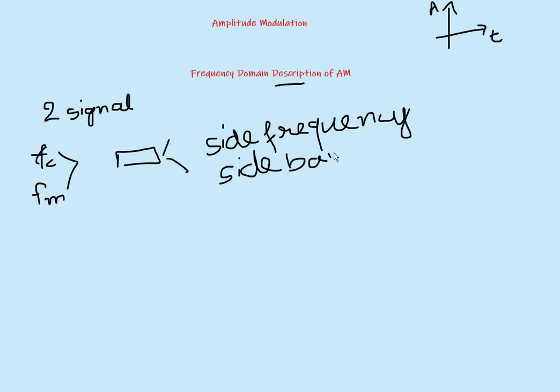These two frequencies that we are getting will be the addition of the previous two frequencies and the subtraction of the previous two frequencies. This is the new frequency that we will get. We will get two frequencies and these will be called side bands. One will be the addition of the previous frequencies and the other will be the subtraction.